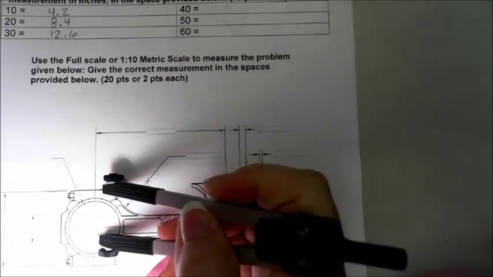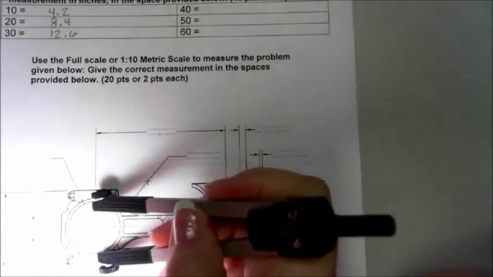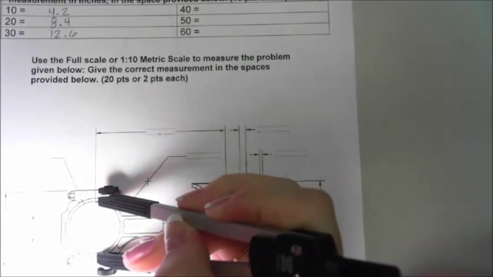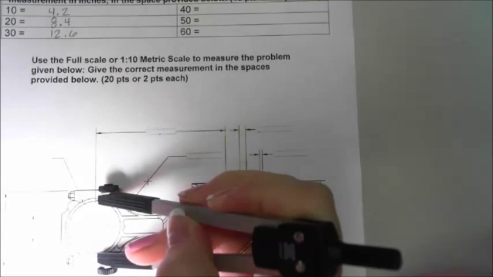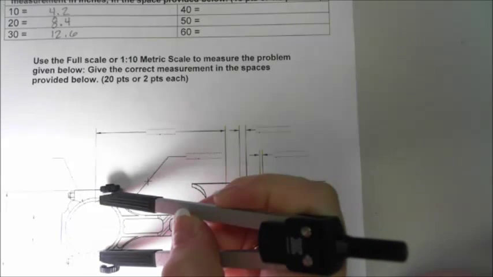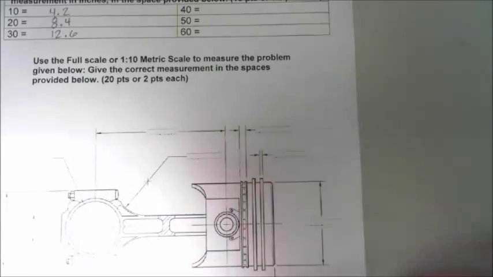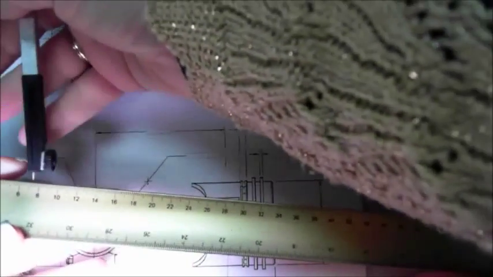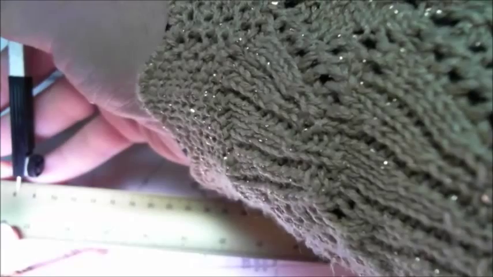All right, let's do that same thing here. Let's find the diameter of this using the engineering scale. So I place this right on here and I get my measurements, and let's go ahead and do it on the 60. Place it here, and I'll look at it.